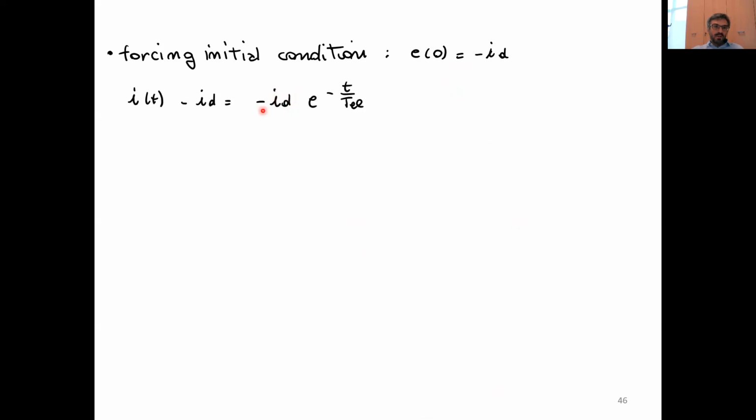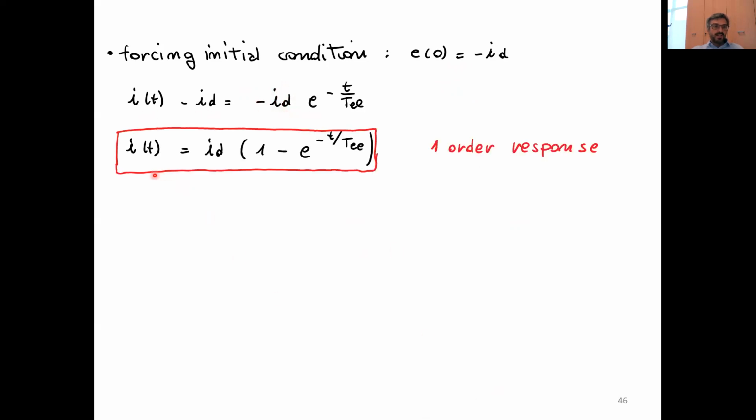If we replace this minus ID in the solution, we get the time evolution of the current, which is a first order response, where we have a negative exponential that decays to 0 for infinite time. So the current will go from 0 to ID, because 1 minus 0 is ID.